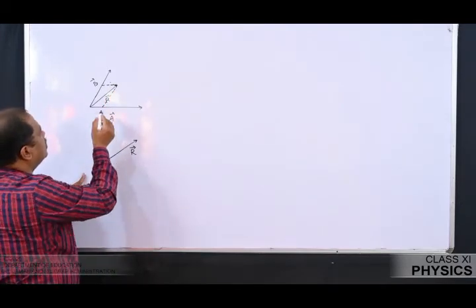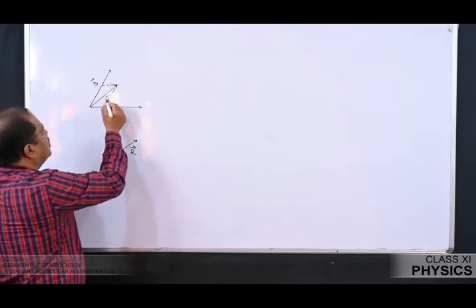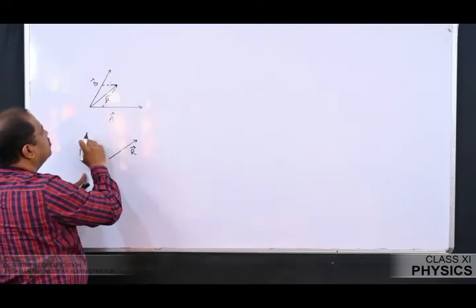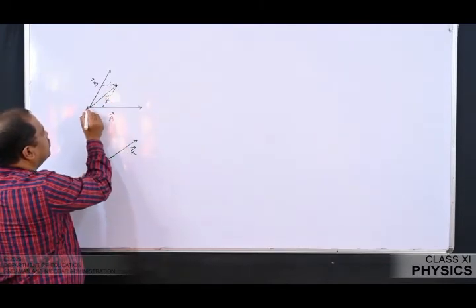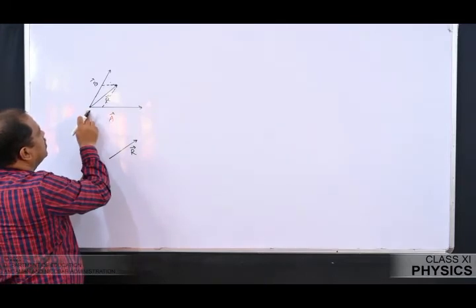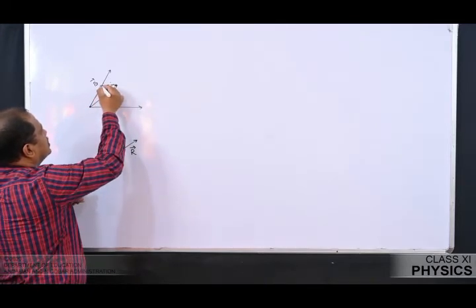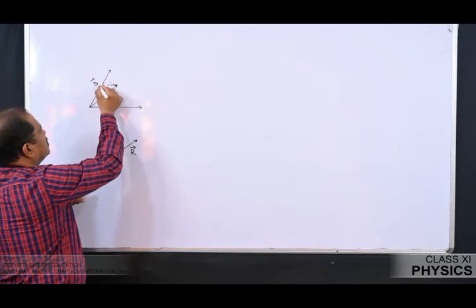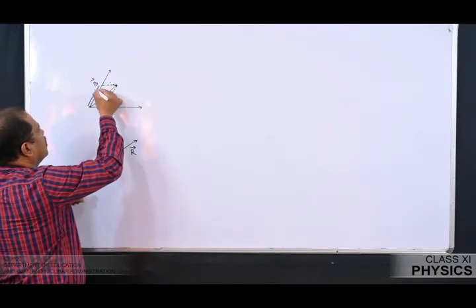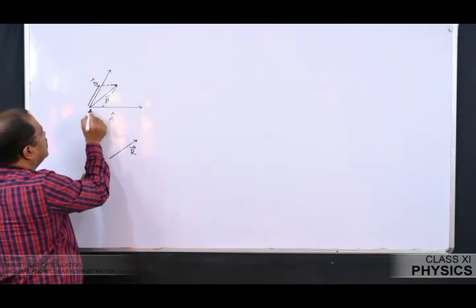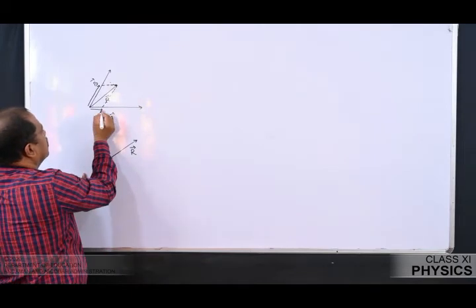So when I look at this figure, I see that the R vector is nothing but, see, the tails of A and B are coinciding. So this can be one vector and this can be one vector, right?